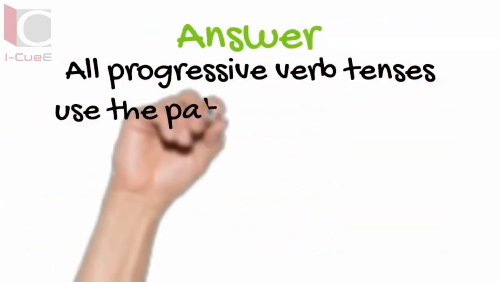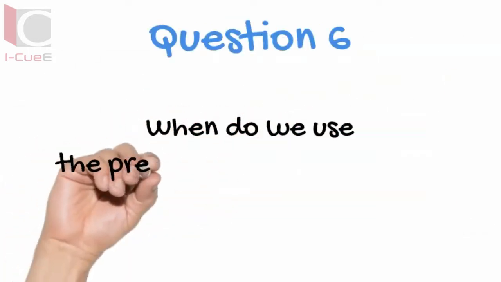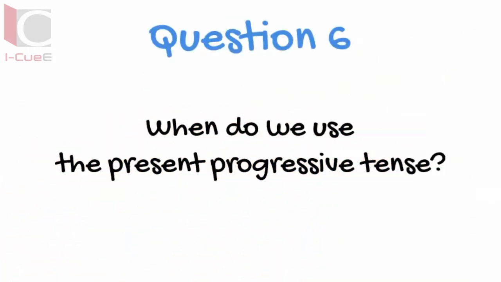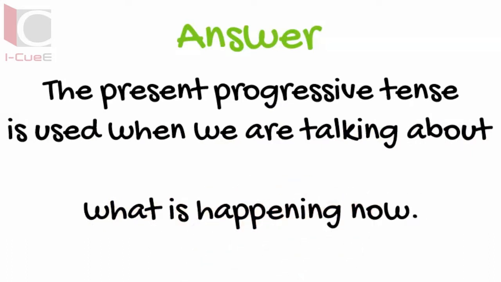All progressive verb tenses use the pattern be verbing. It must include the be verb before the main verb. When do we use the present progressive tense? The present progressive tense is used when we are talking about what is happening now.